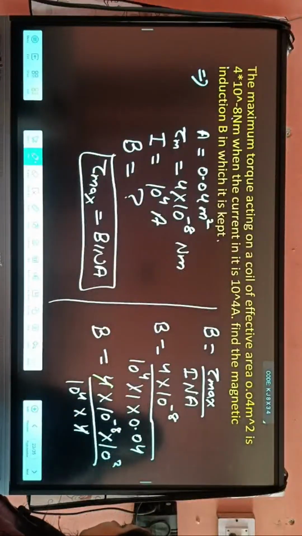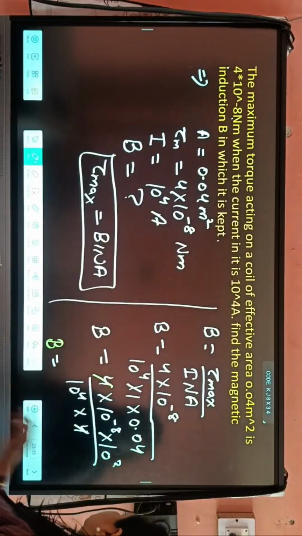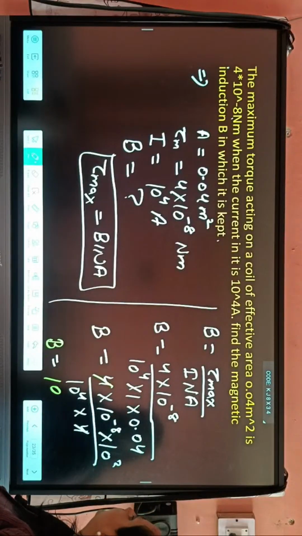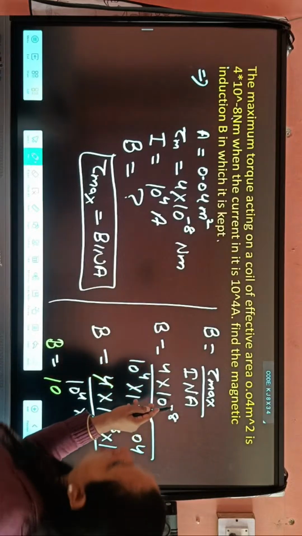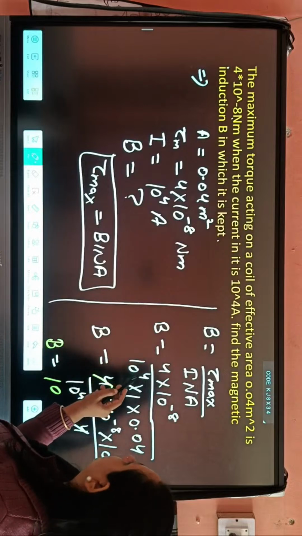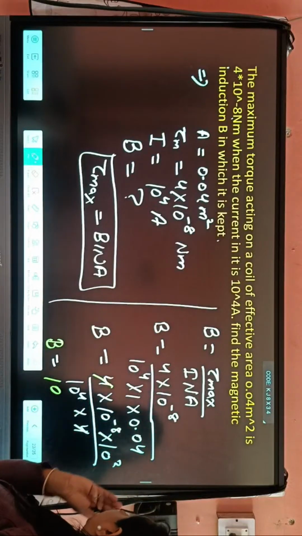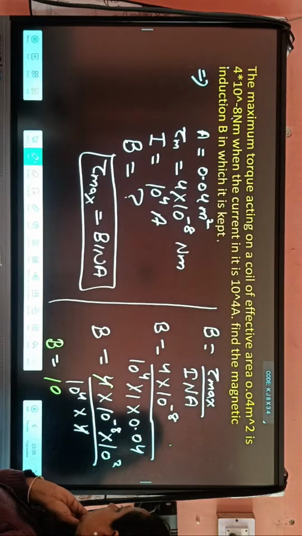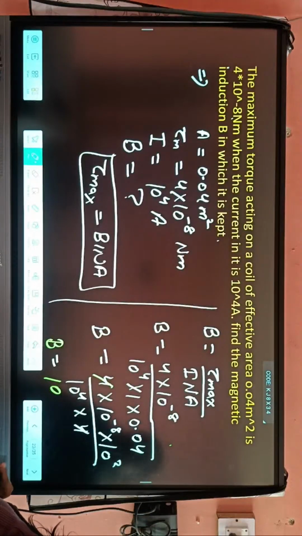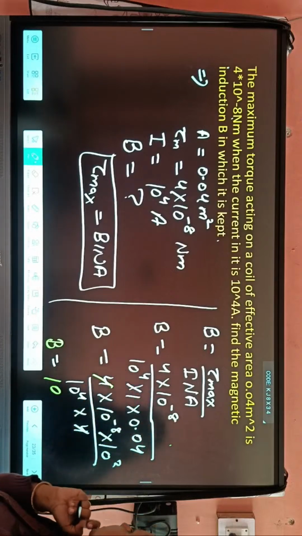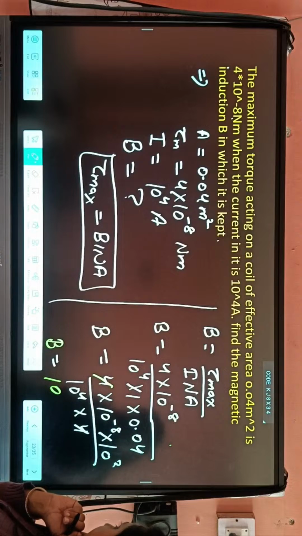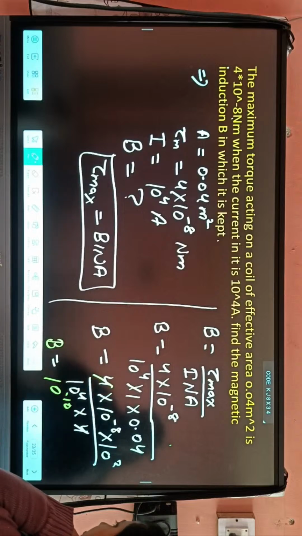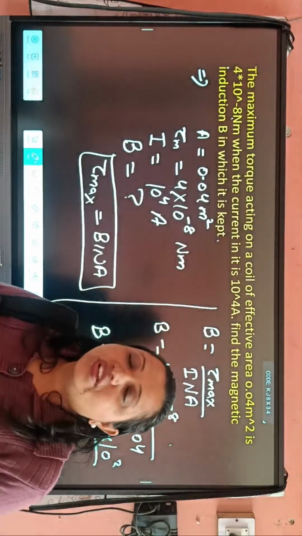So 10 raised to the power minus 8 upon 10 raised to the power 4, and combining the powers, it will be 10 raised to the power minus 10 Tesla. So this is how we can find the maximum torque.